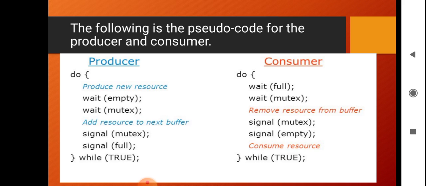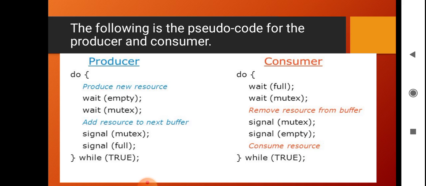Whenever we consume the data from the buffer, that buffer space becomes empty, so now in that buffer space we can store some other data. Hence we have to remove the resource from the buffer. So once again we perform signal mutex and signal empty.